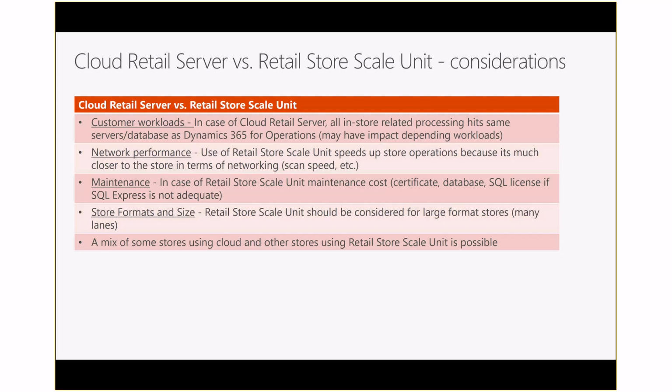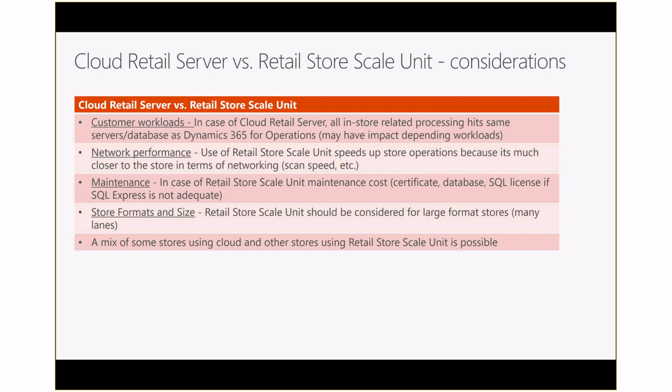Of course, on the other side, maintenance. This is a direct opposite use case now. The companies that need to install the retail store scale unit, of course, have to deal with higher maintenance cost. There's also cost of certificates, database, and SQL license in some cases additionally required.